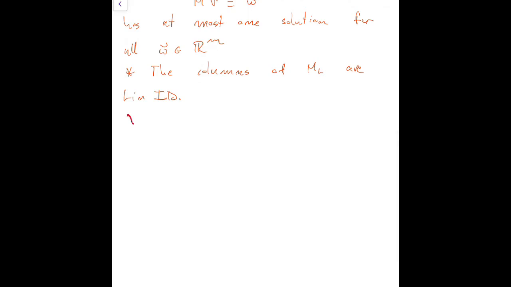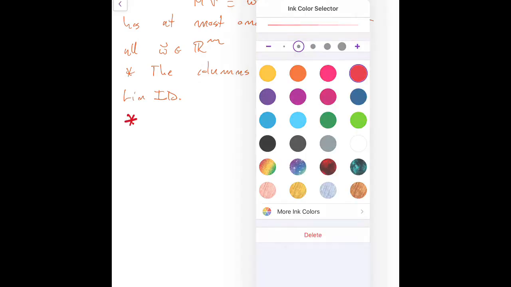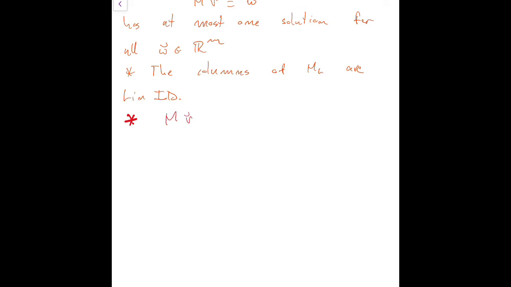Okay, well, let's think about systems of equations. So let's think about the system of equations MV is equal to W. Well, what does injectivity or linear independence have to do with this? Well, there is a unique solution to this equation if and only if the columns of M are linearly independent.